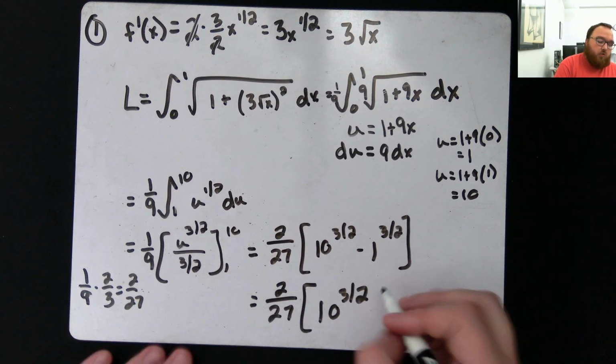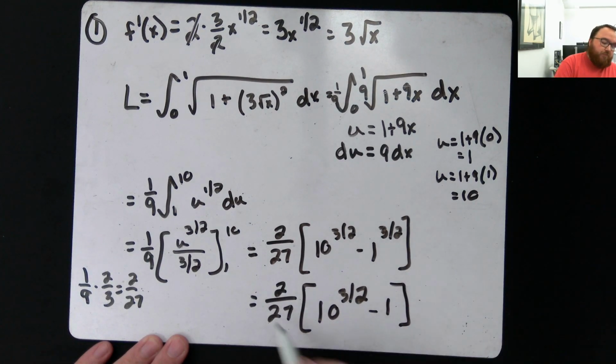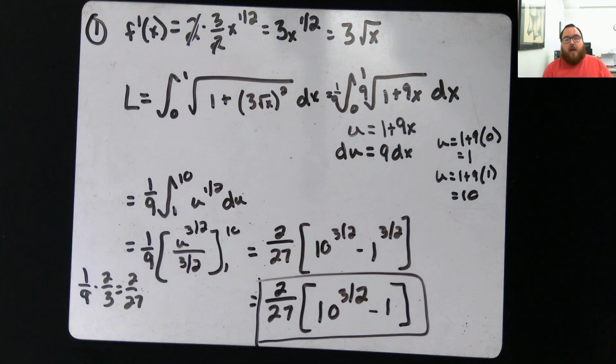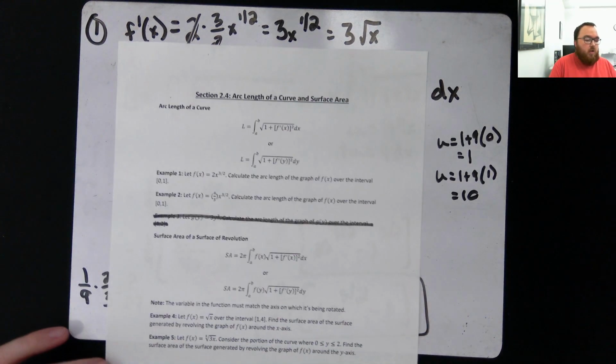But 1 to the 3/2 is 1, so you can go ahead and put that. It's perfectly fine to stop right here. I'm not trying to make sure you know how to do 10 to the 3/2. I don't care about that. Stopping here is great. So once again, let me know if any of that does not make sense as we move on to example number 2.